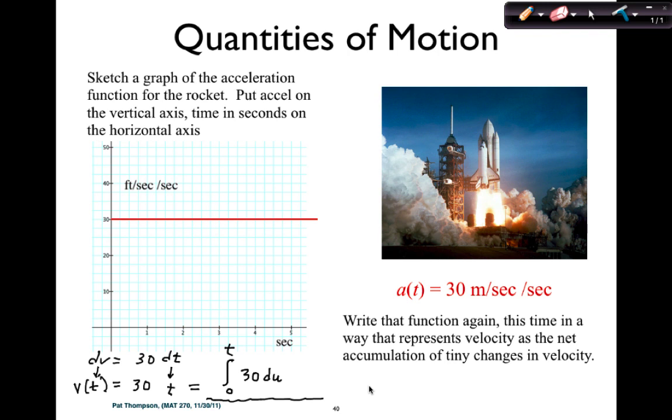Okay, so two different ways to express the same thing. And there's advantages and disadvantages to both. Let's talk about this form, the one we've been working with all semester. This is called the open form of the accumulation function.